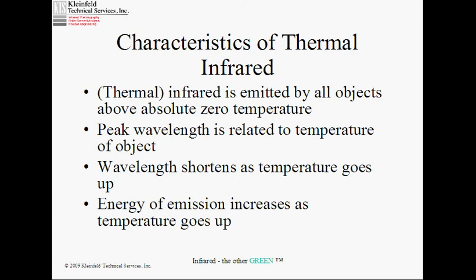Thermal infrared is emitted by all objects above absolute zero. The peak wavelength that's emitted is related to the temperature of the object. As the object gets hotter, the wavelength gets shorter. So if you take a piece of cold iron and you begin to heat it, it emits shorter and shorter wavelengths and more energy, and eventually it starts to glow, and you've all seen this.